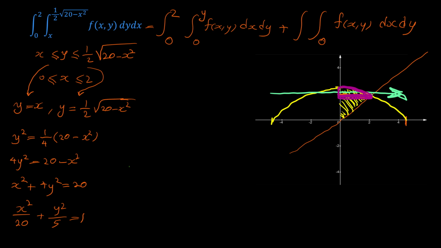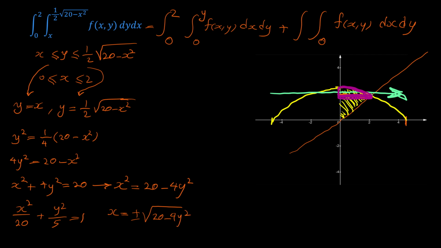Basically we did the calculation here, so we can use our calculation from before. If we use this equation, x squared equals 20 minus 4y squared, and take a square root, x equals plus or minus radical 20 minus 4y squared.